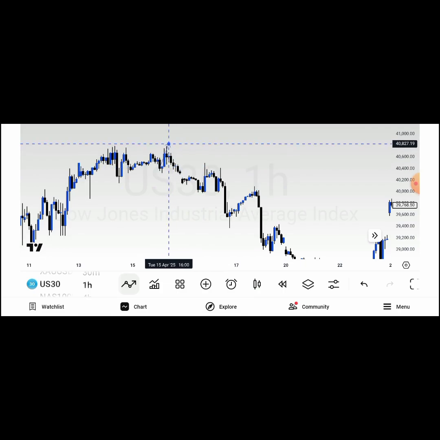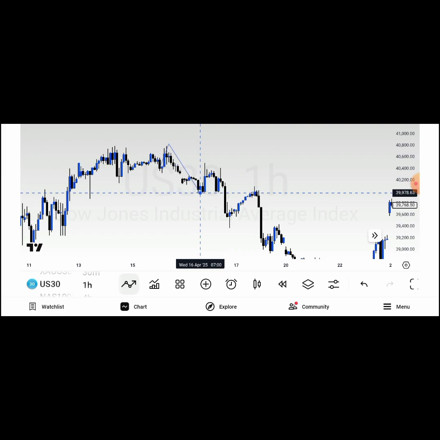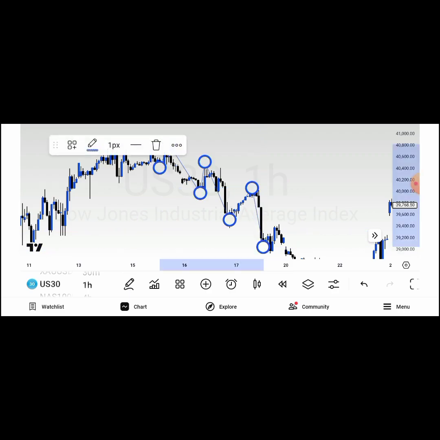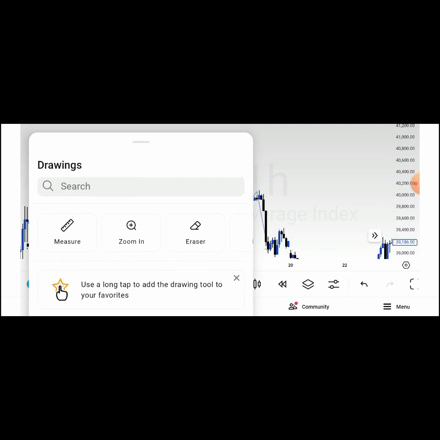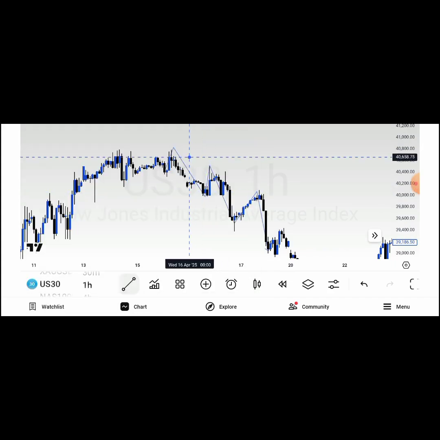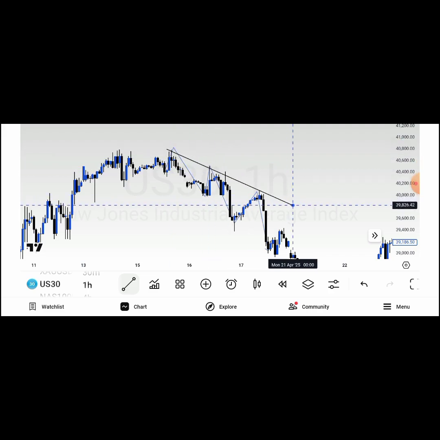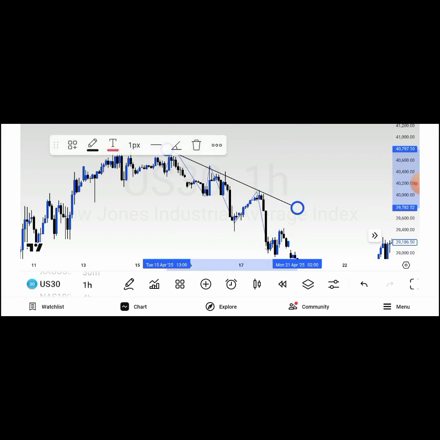So the market created a high here, came down and retested. When it reached this point, it came down again, and then it retested and reached this point, came down. So this is a downtrend, and you have learned trend line, so we can use trend line like this.